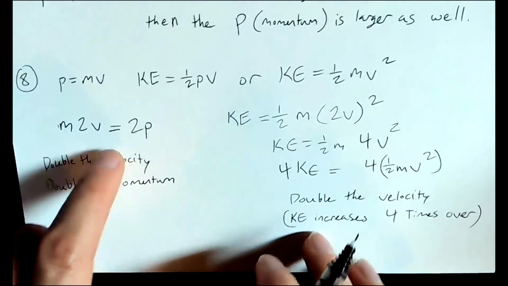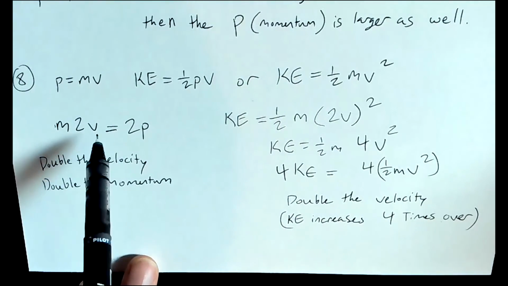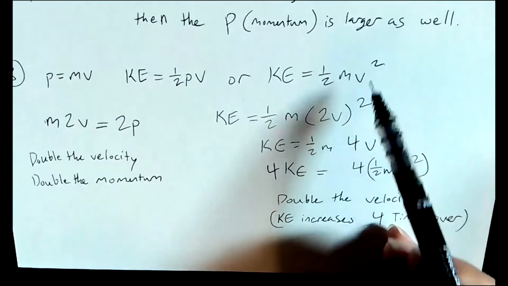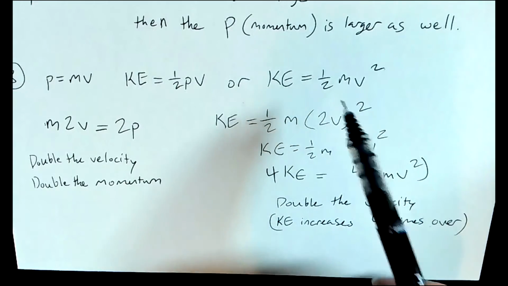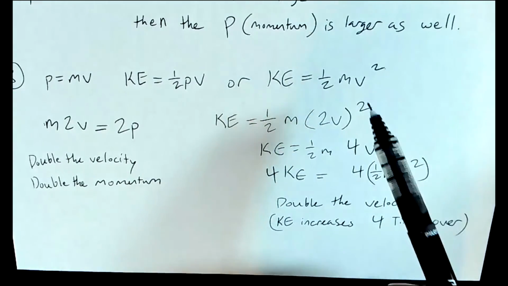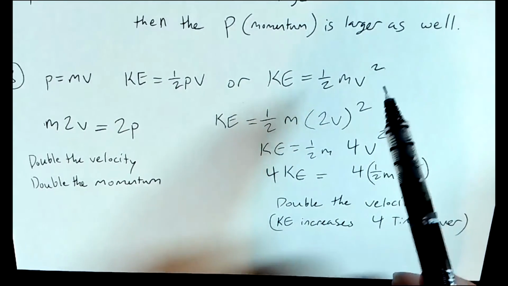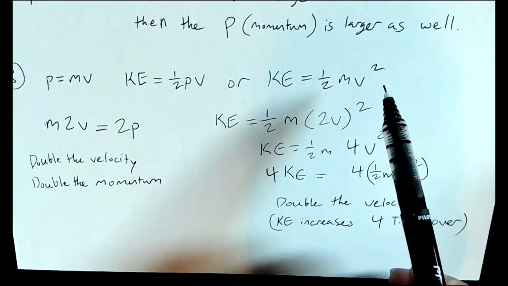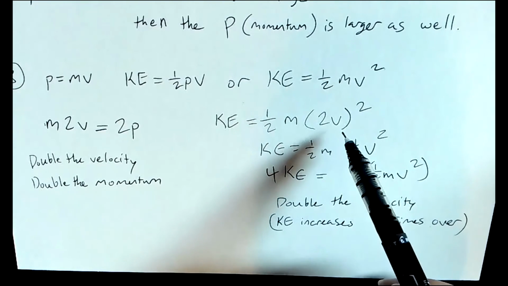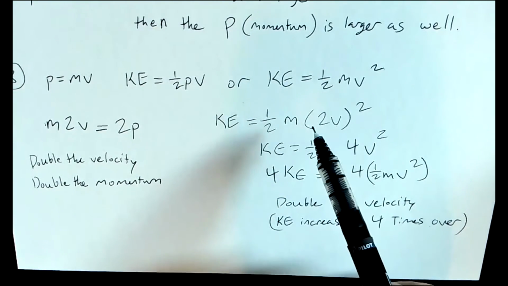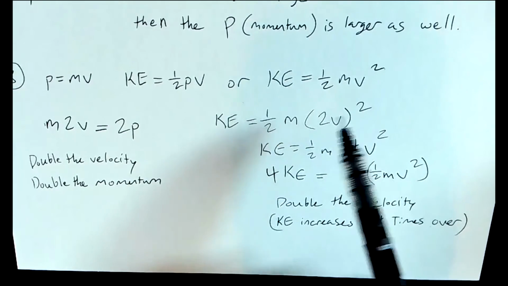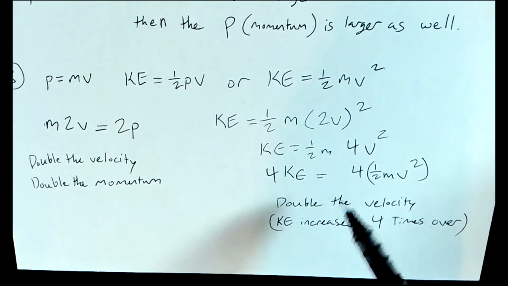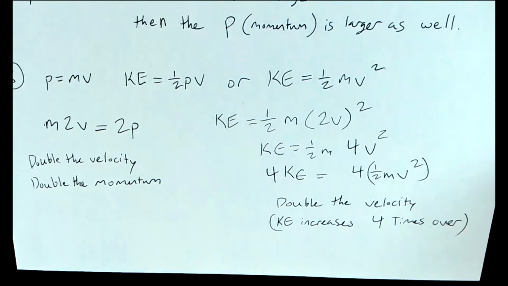Does that make sense? So from this equation, if you double velocity, you double the momentum. But because velocity is squared here, an increase in velocity will lead to a larger increase of kinetic energy because that value is squared. So if you put in 2 times velocity, that 2 is squared, and 2 times 2 equals 4. So that is why that works out in that way.